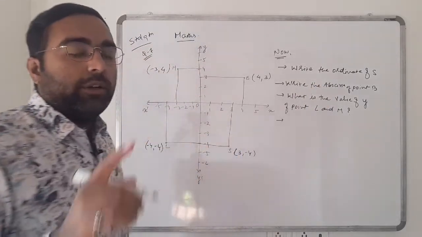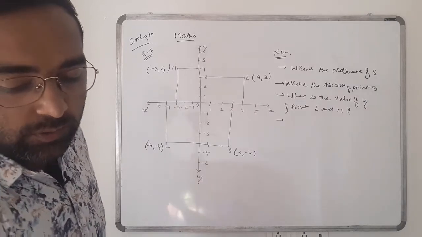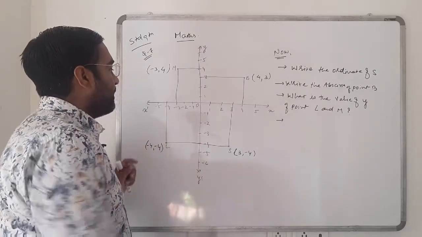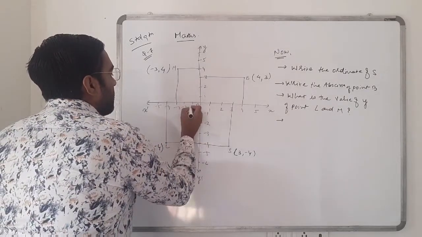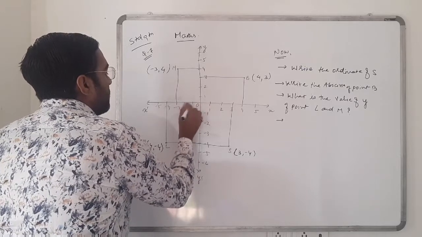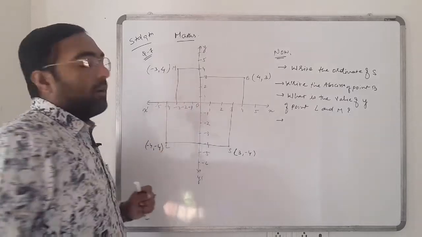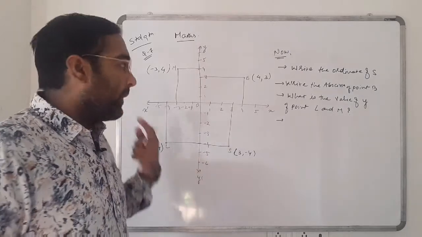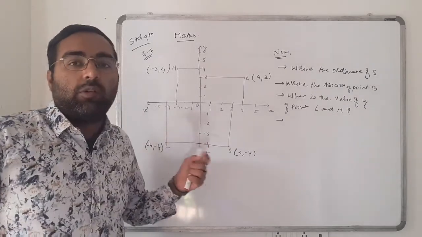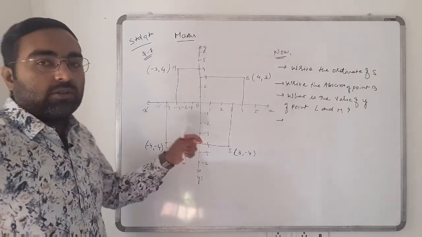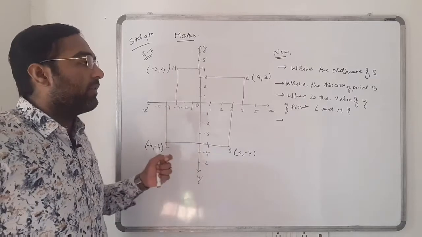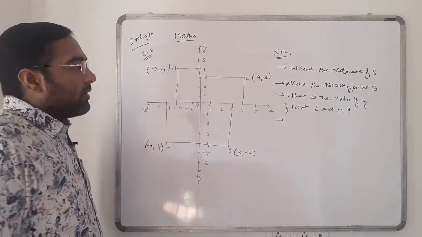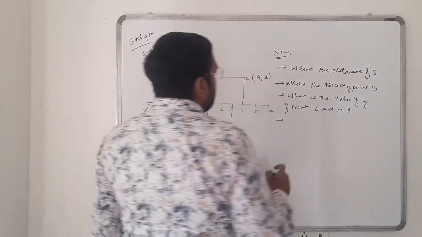These questions are not written on your worksheet, but I'll give you these questions to test yourself, to understand how much you know, what kind of questions are asked from the exam point of view, and what kind of twisted questions are asked.